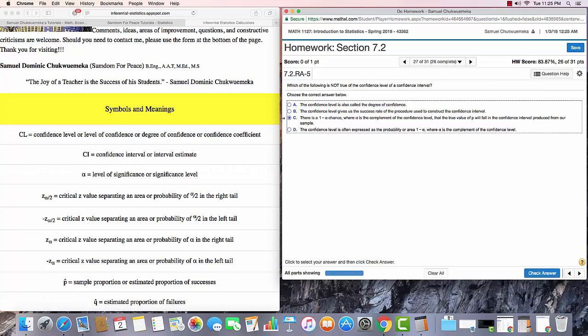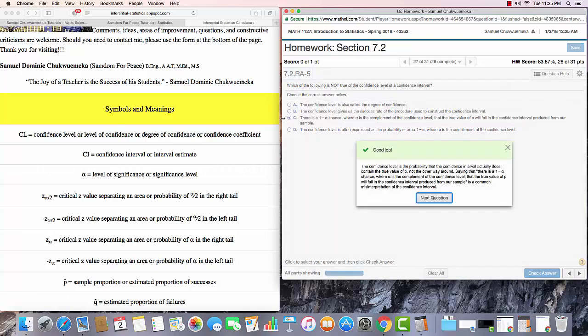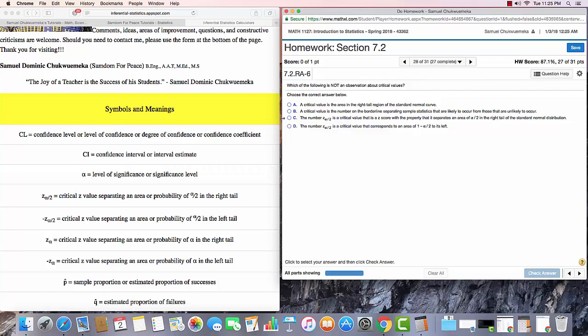No. We say we are 90% confident, 95% confident, 99% confident that the confidence interval actually contains the true value of the population parameter. Population parameter could be population proportion or population mean or population standard deviation. Okay.